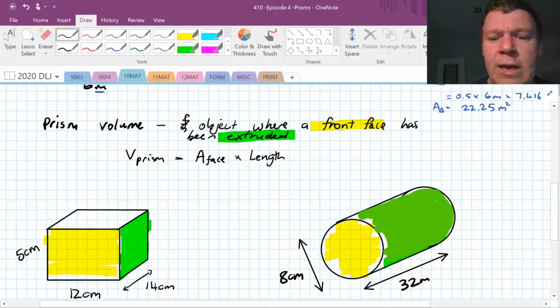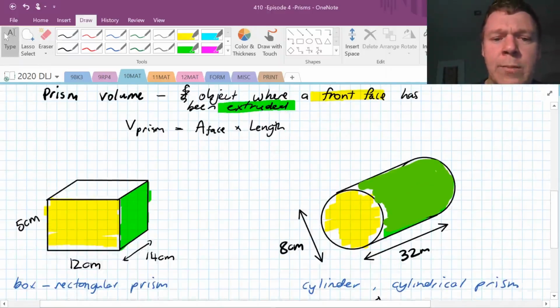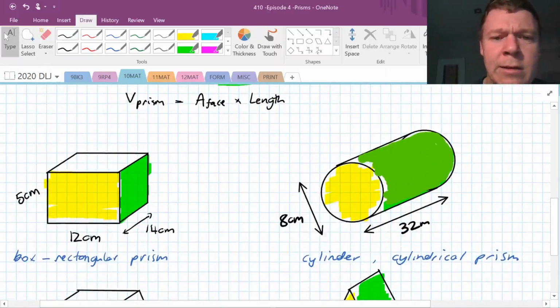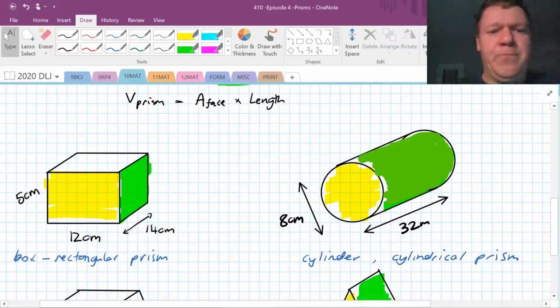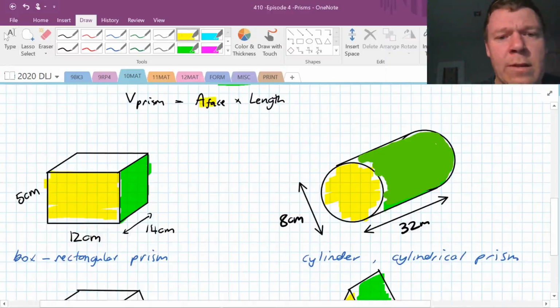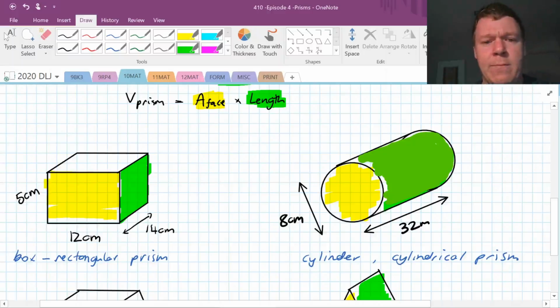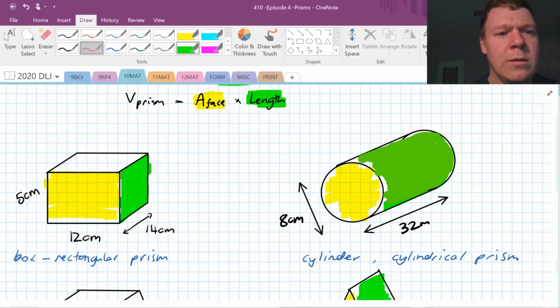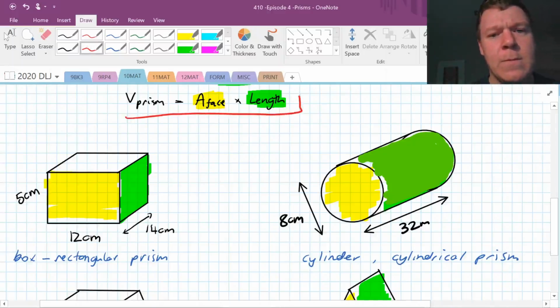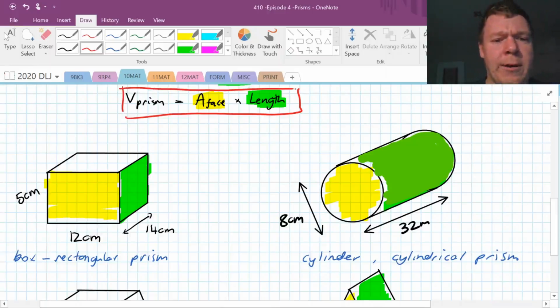We know how to do the area of all these face shapes now. So we just need to multiply by our length. So the area of the face, and then multiply by the length, right?